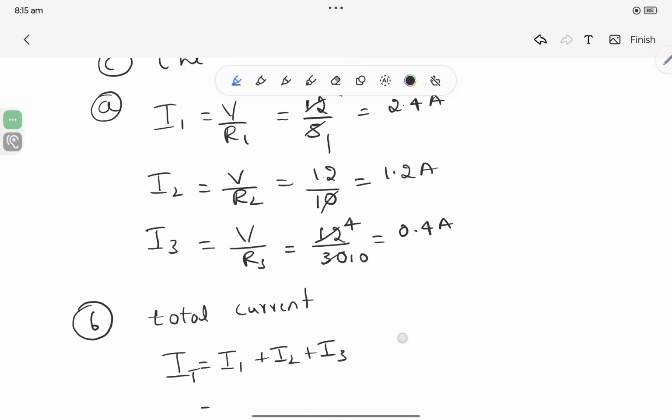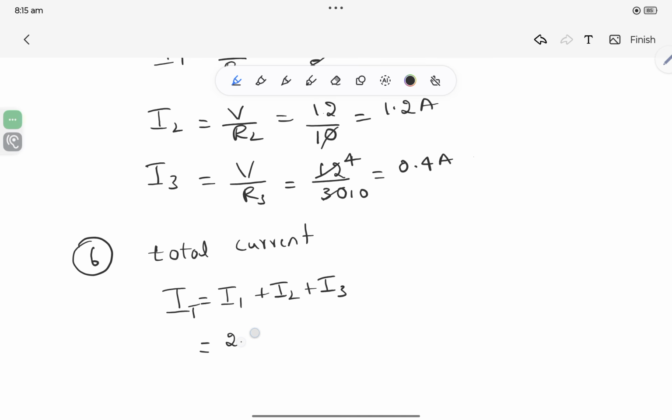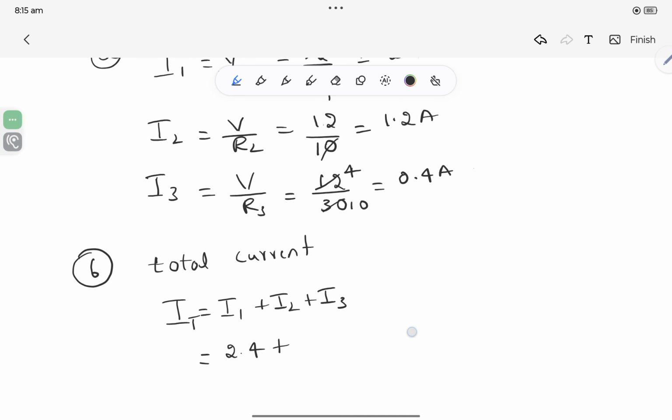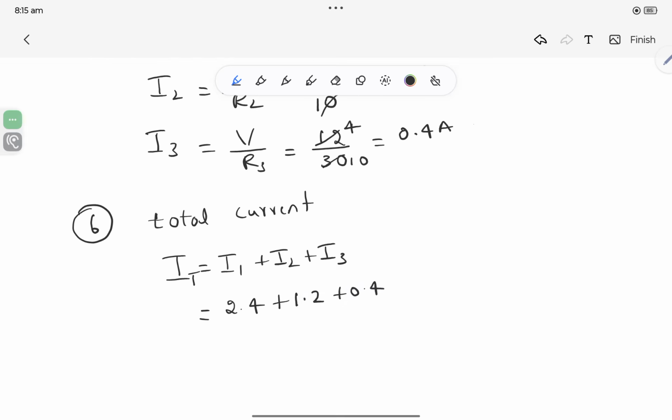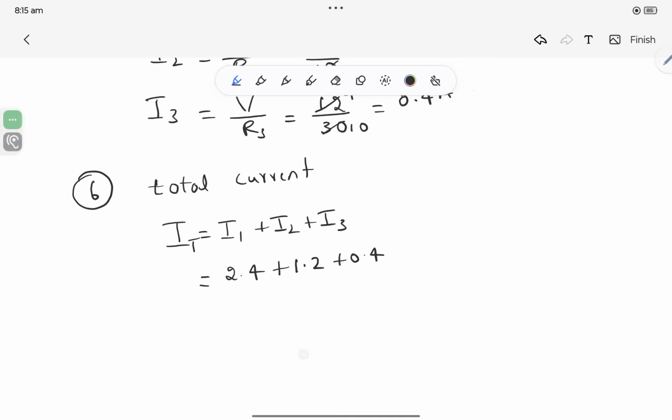I1 is 2.4 ampere plus I2 is 1.2 plus 0.4. How much does it become? 4 ampere.